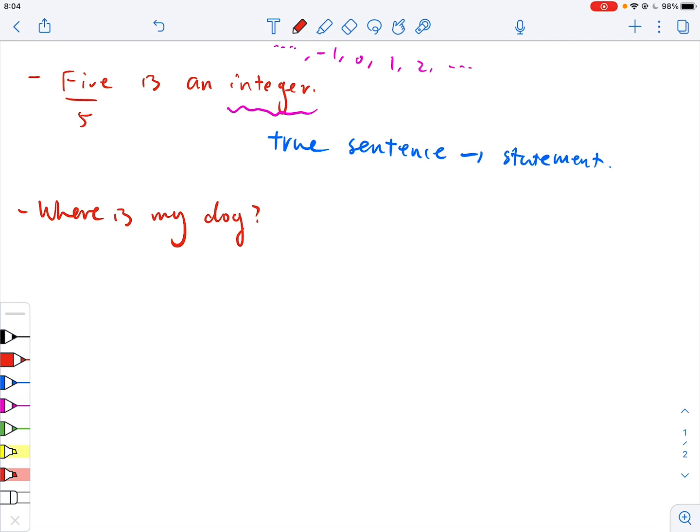It does express your thoughts, like you're trying to ask a question, which makes it a sentence. But is it a statement? Can it be determined to be true or false? No, it cannot, because it is a question. You are asking for an answer instead of trying to say something is true or false. So this is not a statement.